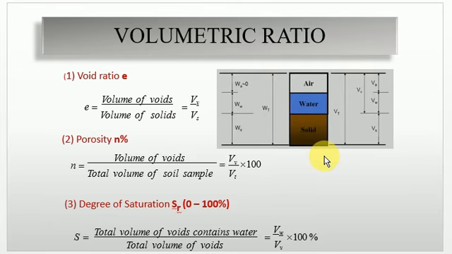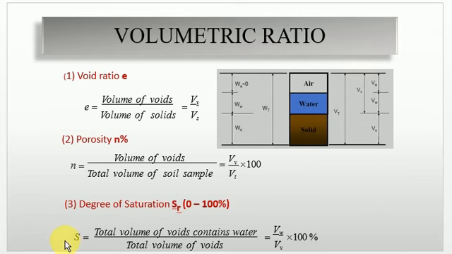The third one is degree of saturation. Degree of saturation is denoted by Sr. The value of Sr lies between 0 to 100%. If the degree of saturation is 0, then the soil sample is dry, and if the degree of saturation is 100%, then it is considered a 100% saturated sample.